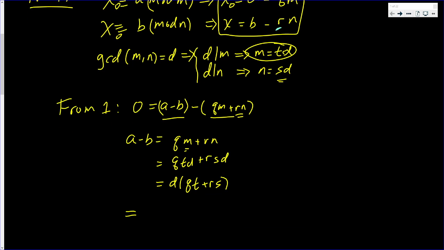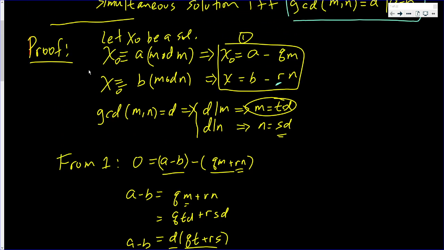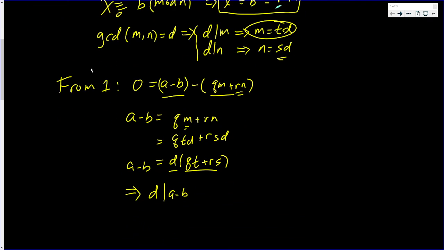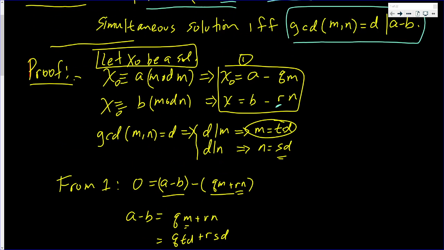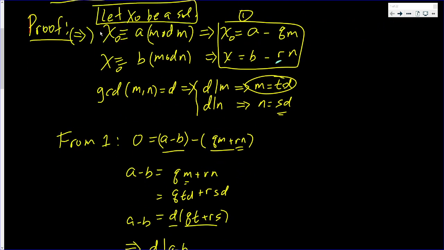Okay, so this implies that a minus b is a multiple of d, that implies d divides a minus b. That is, if we have a solution, which we do, x0 I claim is the solution, then d must divide a minus b. And that was the forward proof.